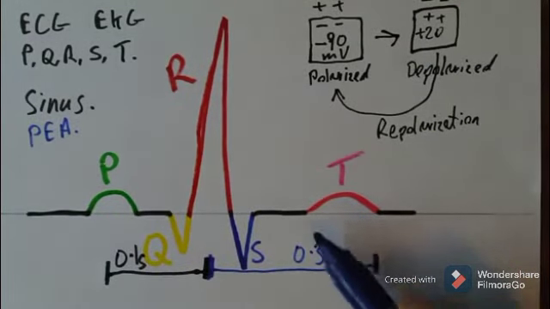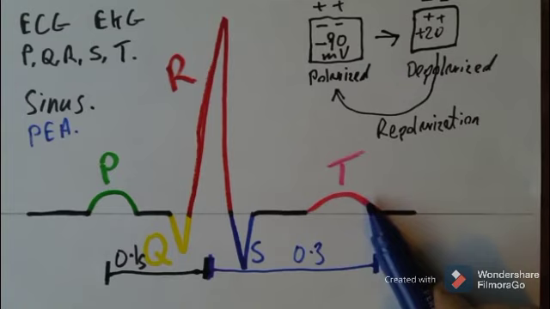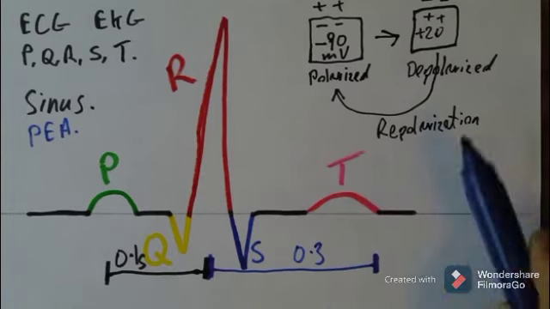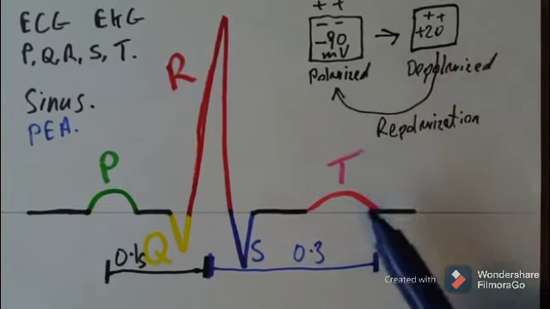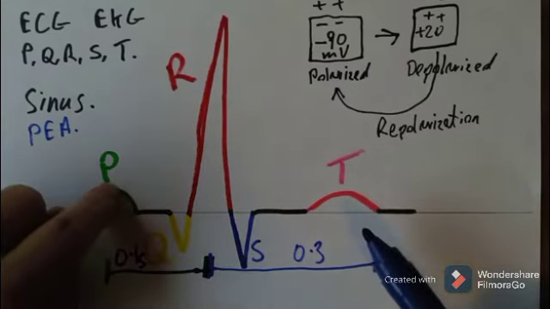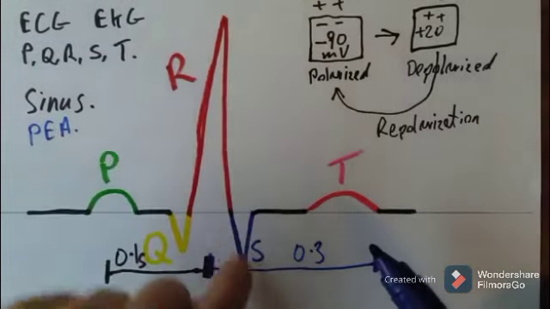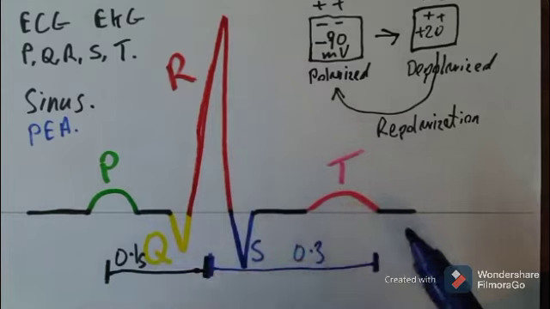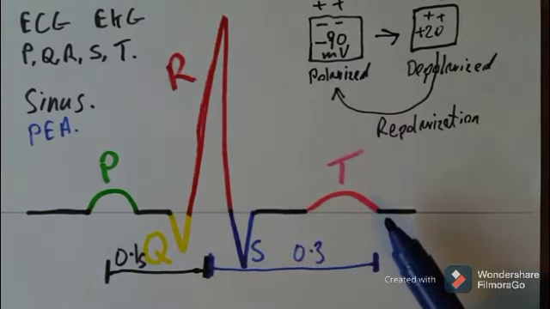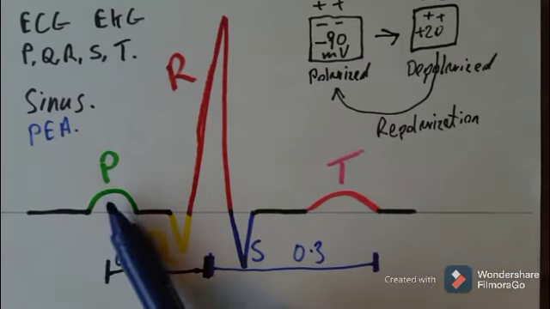Now, we've said that the T is the repolarization of the ventricle, the ventricular myocardium, which we see here, the repolarization. So P is depolarization, QRS is depolarization, T is the only one that's repolarization. So obviously, we're going to need a repolarization of the atrial myocardium, but we don't see that.